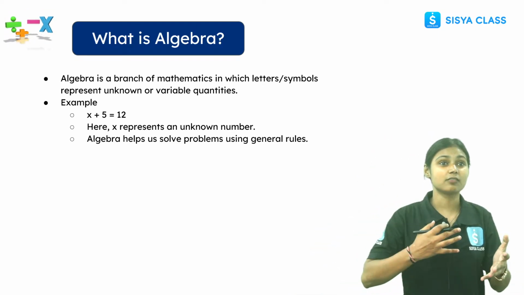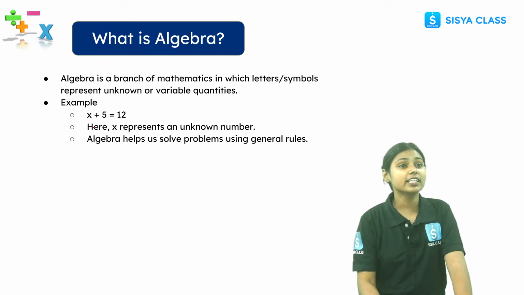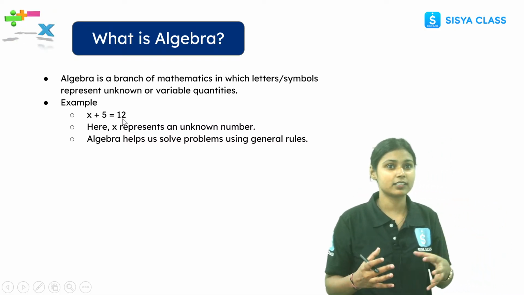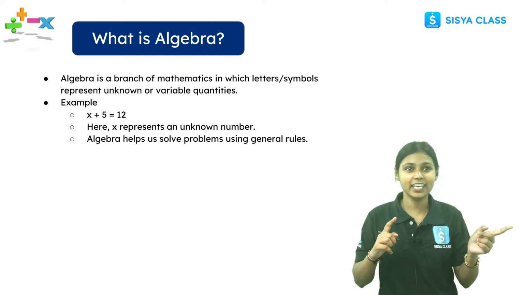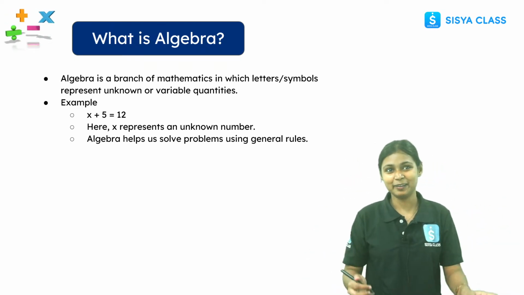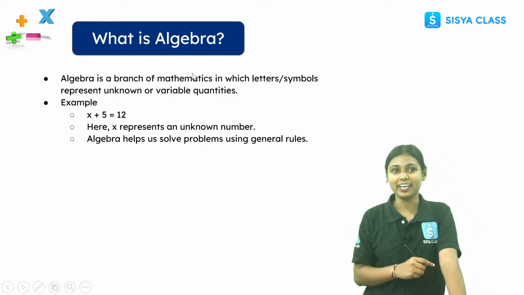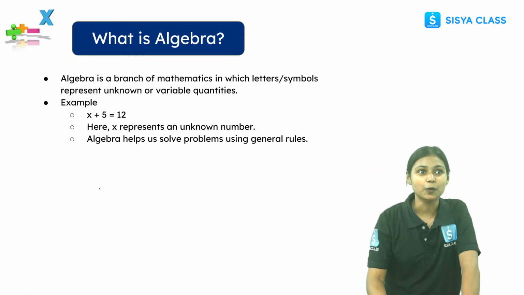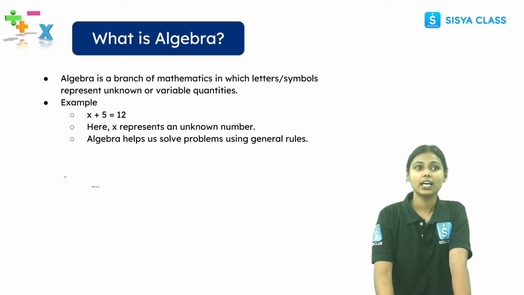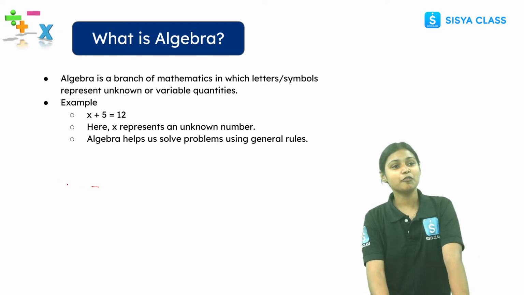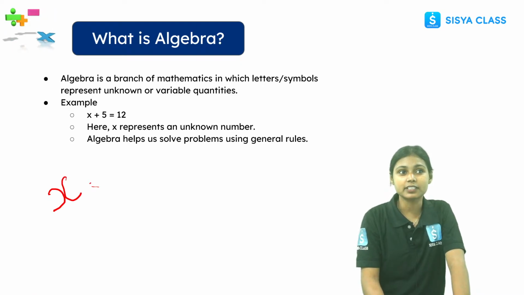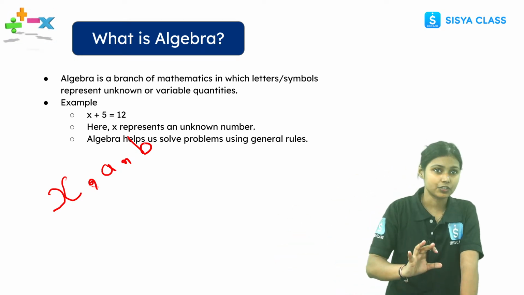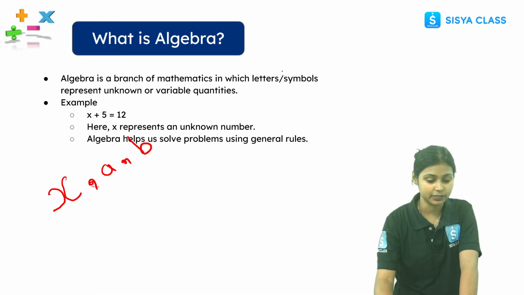How to know whether this is a variable or a constant? A variable is represented by alphabets, just like you can represent it by A, B, C, D, E, F, G, H, I, J, K, L, M, N, O, P, Q, R, S, T, U, V, W, X, Y, Z. A variable is basically an alphabetical representation whose value can vary depending upon the situation or depending upon the question.